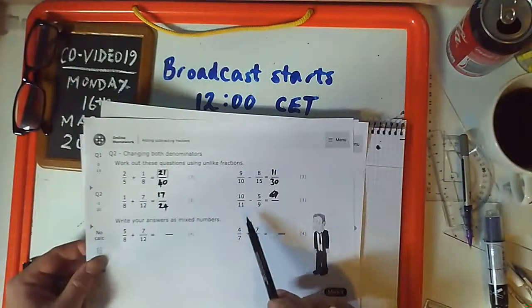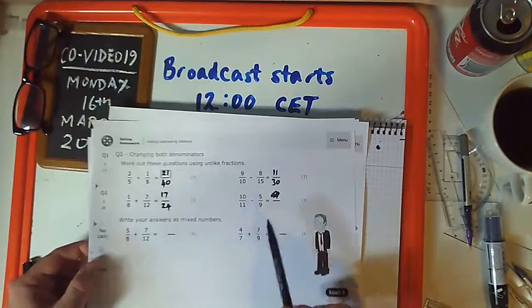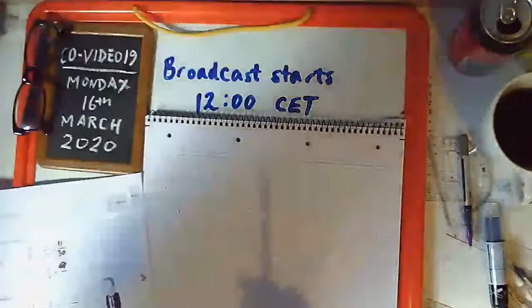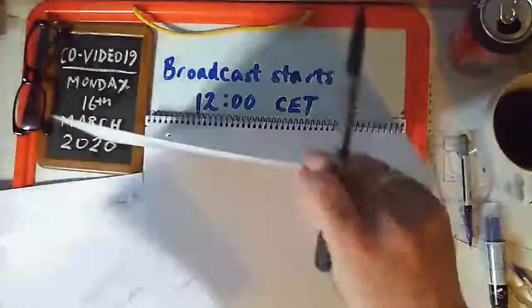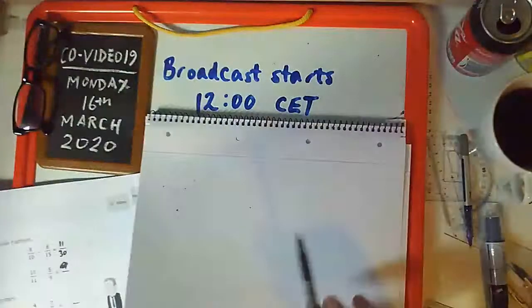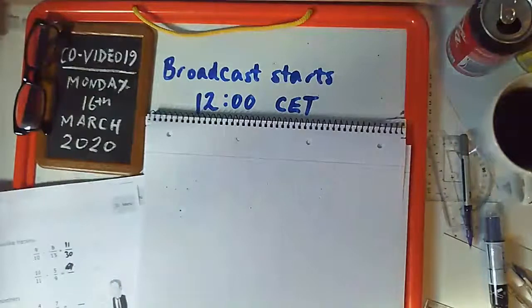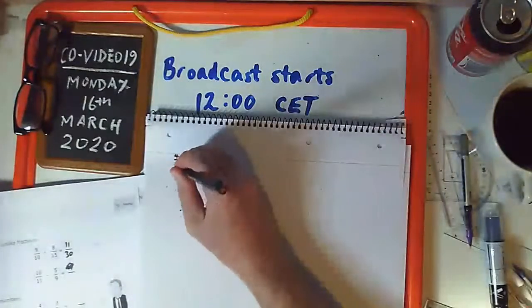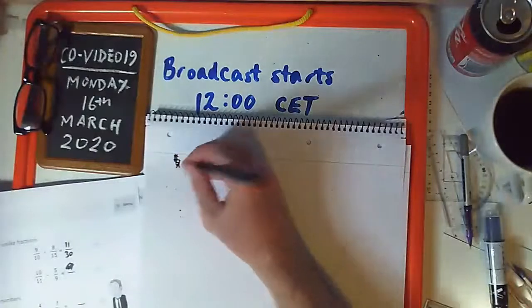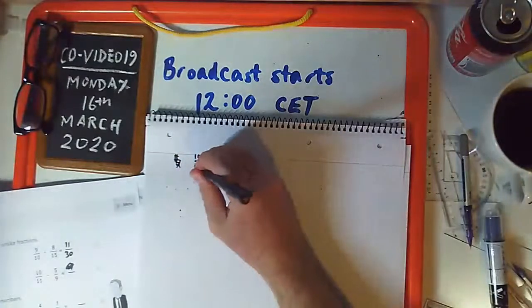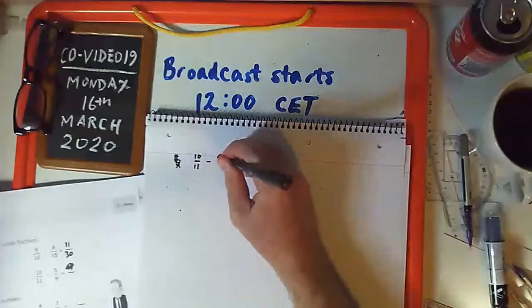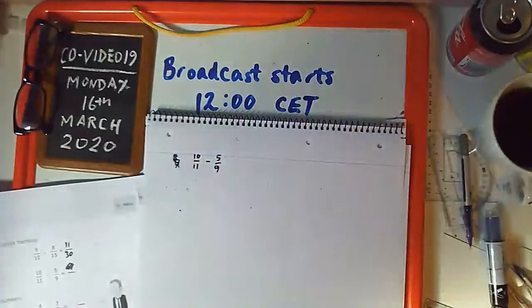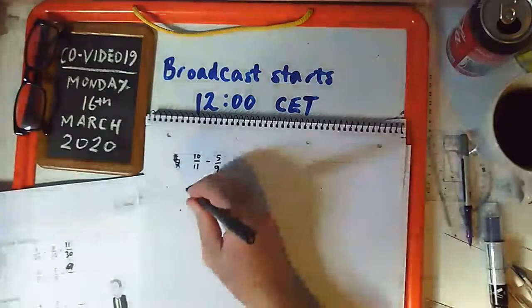Last one, 10/11 minus 5/9. I need a new sheet here. Now, in this case, the smallest number that they both go into is 99.